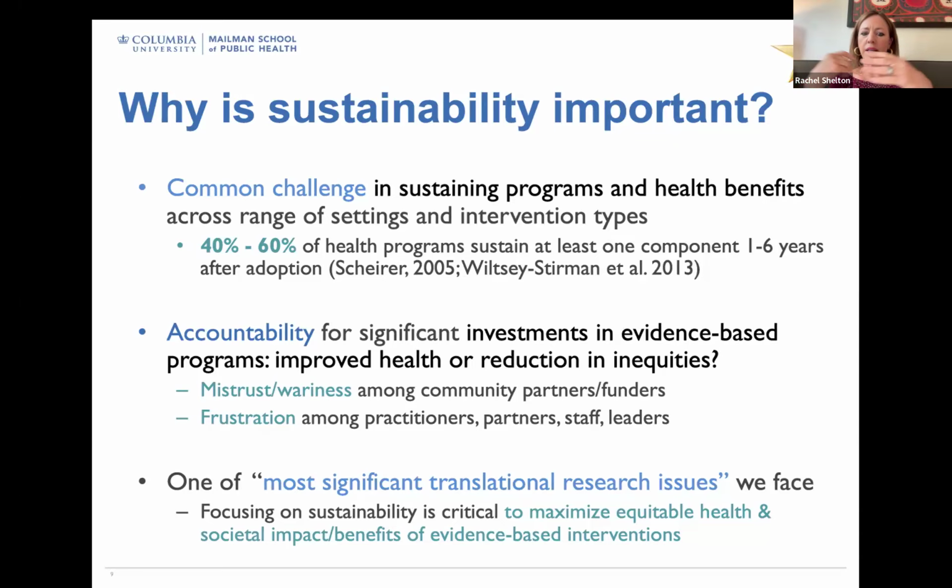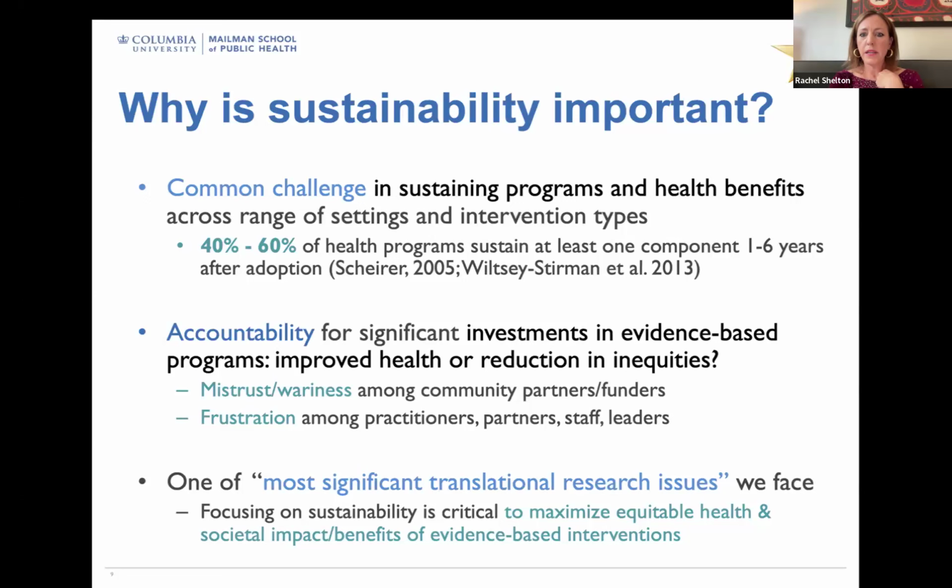So it really results in frustration among practitioners, public health practitioners or providers, staff, and leaders, and real questions about the investment that was made in those time and resources. And it can also have huge implications for future partnerships, in terms of wariness or mistrust to engage in future efforts. So I think it's really a critical issue for community engaged work in particular.